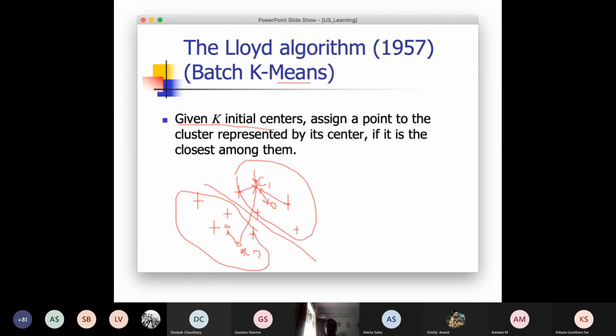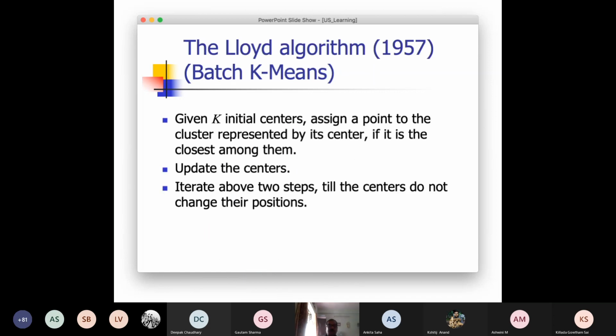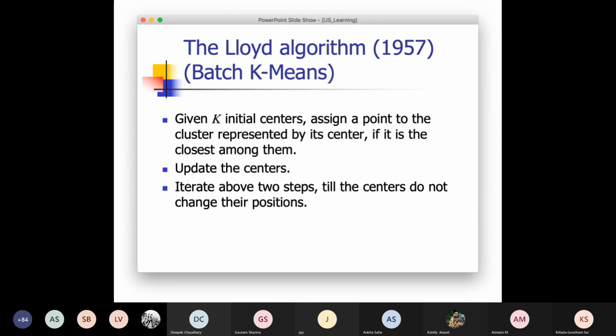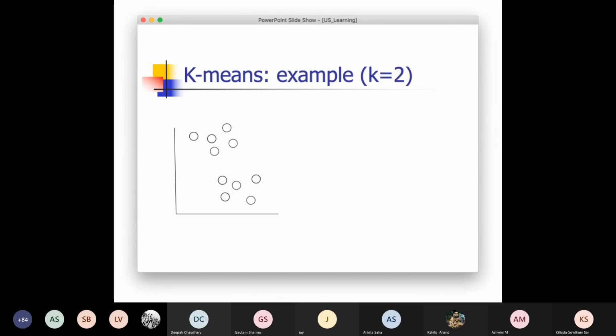Okay, so let me continue. As I mentioned, iterate the above two steps till the centers do not change their positions. This is the figurative example I am talking about.